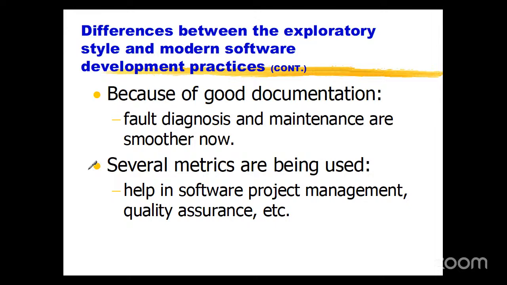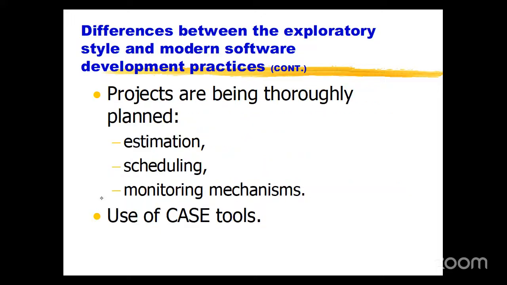Several metrics are being used to help in software project management and quality assurance. Projects are being thoroughly planned using estimation, scheduling, monitoring mechanisms, and use cases. Previously it was with the help of life cycle phases.